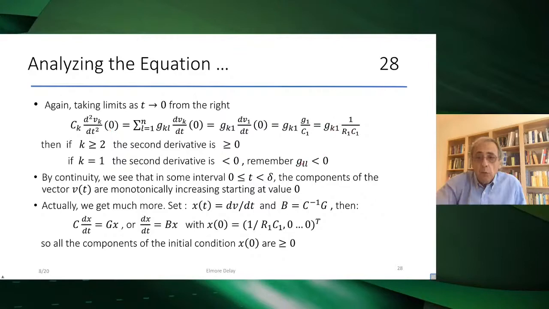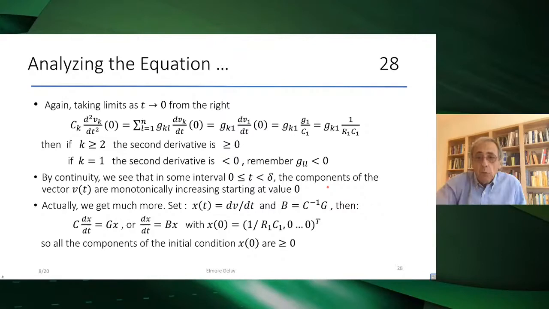So that also tells you that for those nodes, except the very first one, the second derivative is positive. That tells you that the voltage is monotonically increasing at the beginning. Very nice so far. This is what the probability distribution should be having.